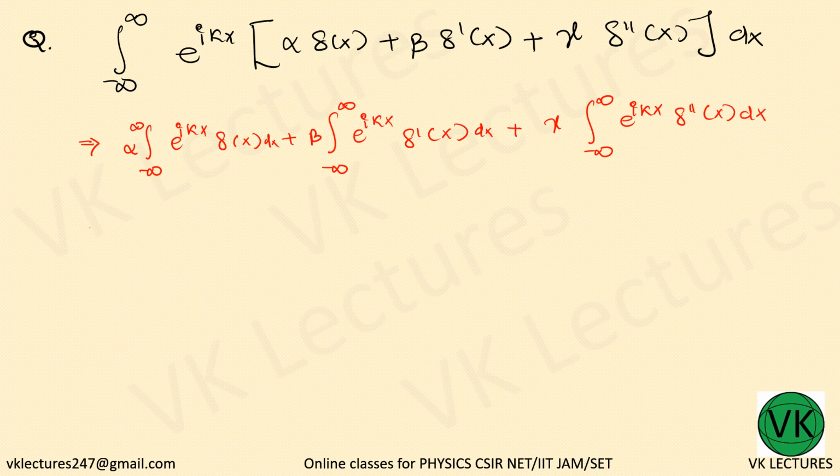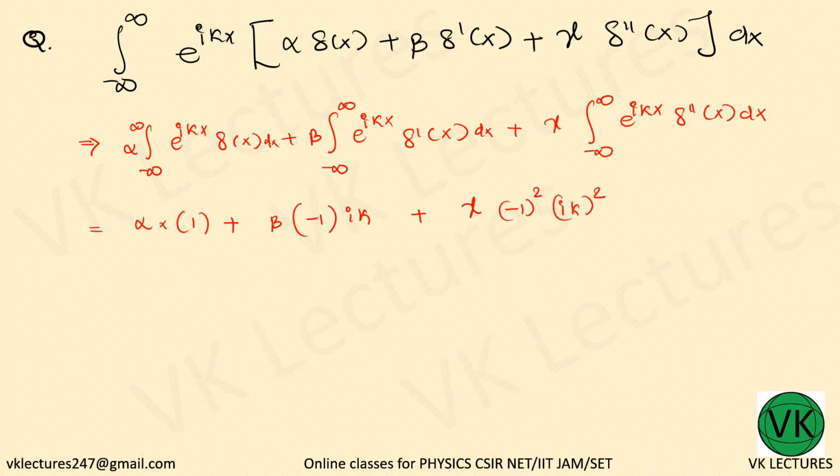Now this gives us alpha, since the delta of x integral becomes 1, so alpha into 1, plus beta into delta dash, so e to the power ik, minus 1 into ik, plus gamma into minus 1 whole squared into ik squared.